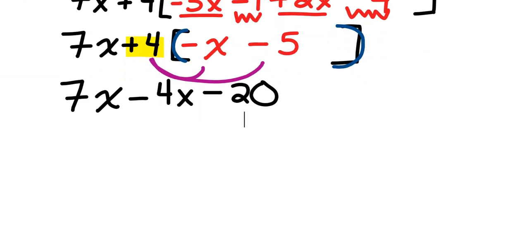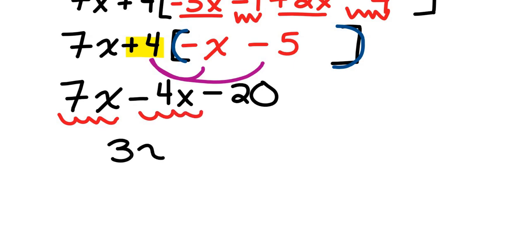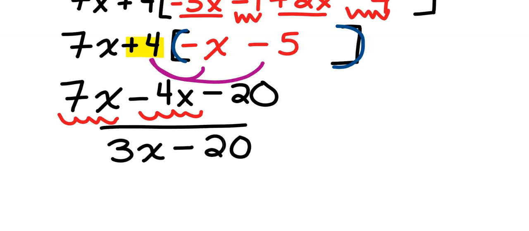Let's go ahead, next step. Much cleaner now. 7x minus 4x: 7 minus 4 is 3x. And minus 20 has nothing to combine with. So my final answer here, in simplest form, is 3x minus 20.